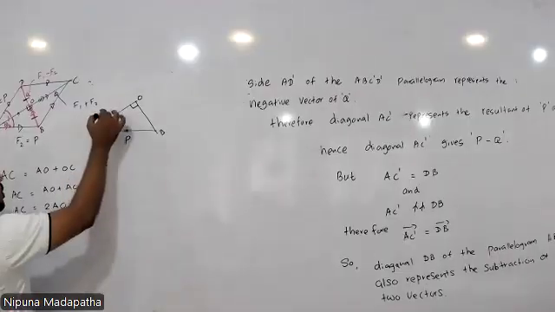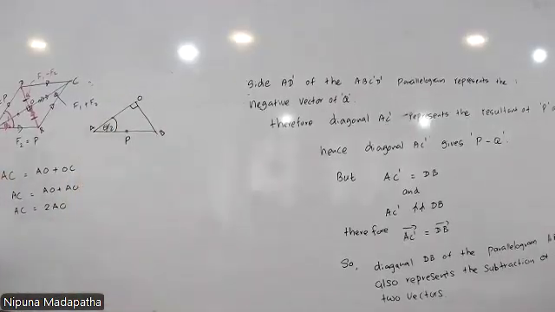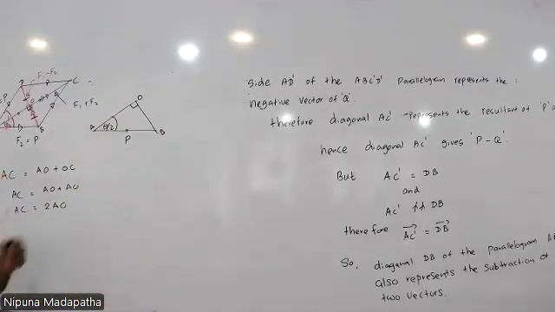Now I ask you, get me this AO. What is the trigonometric ratio you need to consider? Is it tan? No. Cos.